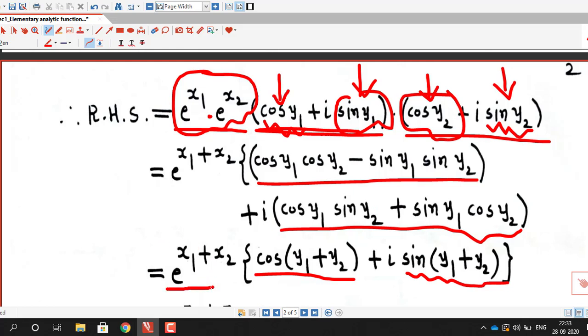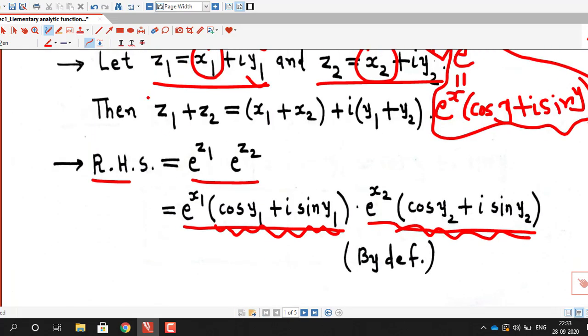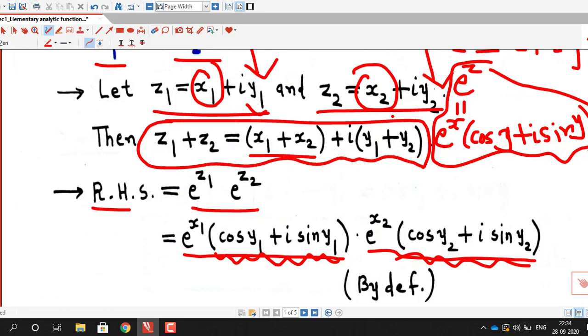So now if you concentrate on this, z1 plus z2 is x1 plus x2 plus i times y1 plus y2. So by the definition of the complex exponential function, e to the power z1 plus z2 must be equal to e to the power x1 plus x2 into cosine of y1 plus y2 plus i sin of y1 plus y2.